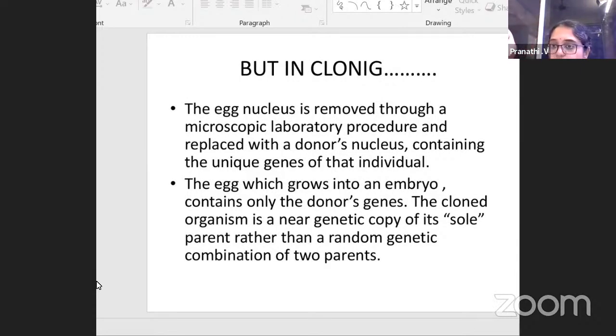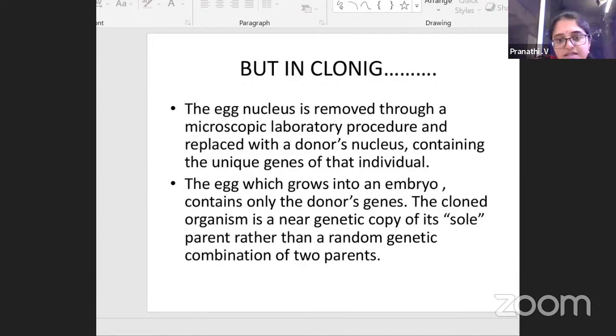In cloning, what is going to happen is the egg nucleus that is formed is being removed. The nucleus is removed, so you're going to get an enucleated cell. This is taken and replaced with the donor's nucleus. The criteria for selection is based on the kind of properties the donor has. Obviously, we want good breeding, and the donor should be excellent in health or different kinds of traits for this particular process to occur.